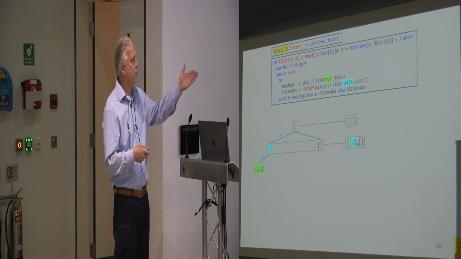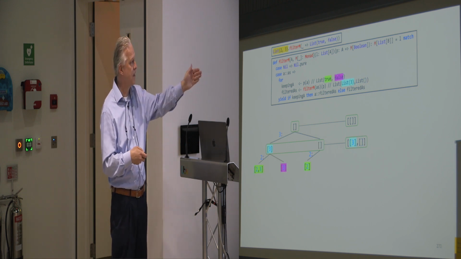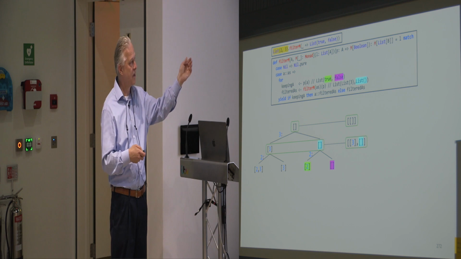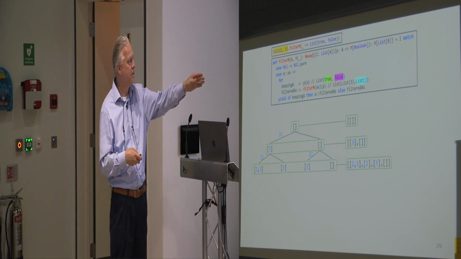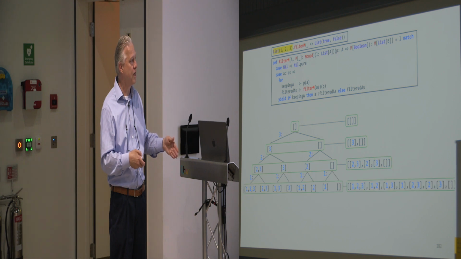Then if there's one more element, again cons the current element onto all the elements of the power set, refrain from consing the current element onto all the elements in the power set, and so on and so forth. And you can see that it does indeed compute the power set.